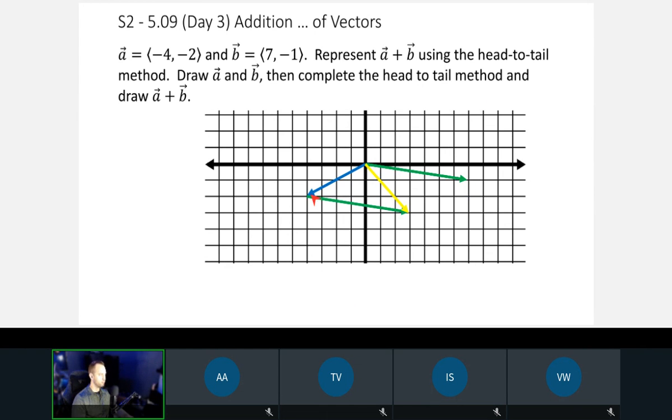So from the head, this is called the head, this is the tail, we would go over 7 and then down 1. And then that is the answer. So we draw our final vector to represent a plus b from the origin to that point. Pretty easy. You've done this on your modules and on your past quizzes and tests.